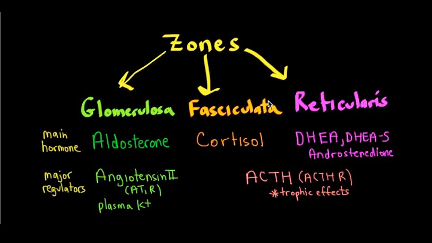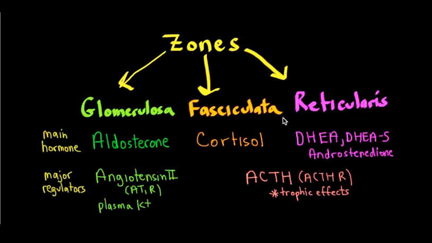Now, the next two layers, the fasciculata and reticularis, often are just thought of as a functional unit. And actually, a lot of people sometimes just think that they're both doing basically the same thing, and they're both making the same hormones and are regulated in the same way. Sometimes it's nice to separate them to try to help remember what's going on.